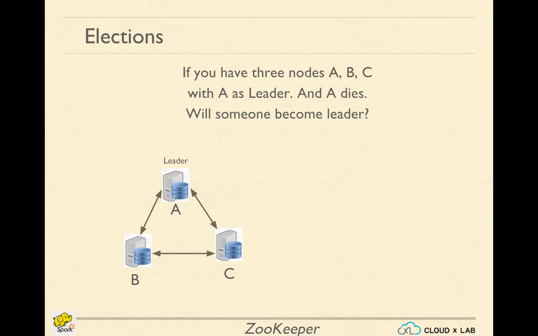So here's a question for all of you. If you have three nodes, A, B, and C, with A as the leader. No, the email discussion was basically the Zookeeper discussion only.